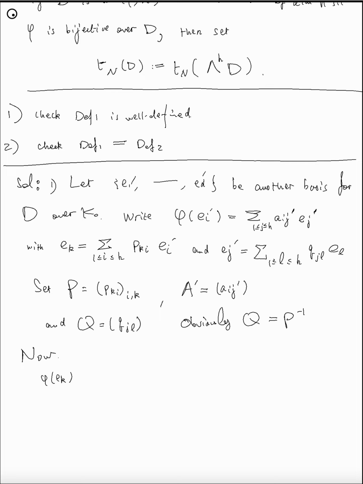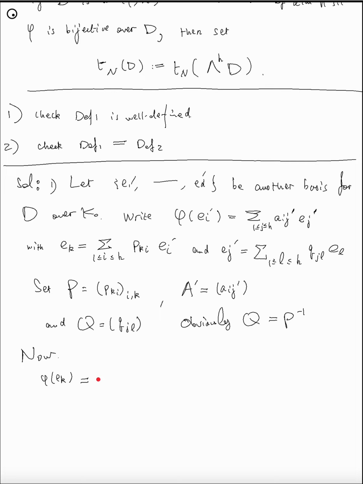On the other hand, we have another basis, A prime, and we have to look at that matrix with respect to that basis. How to find the relation? So that's the following computation.